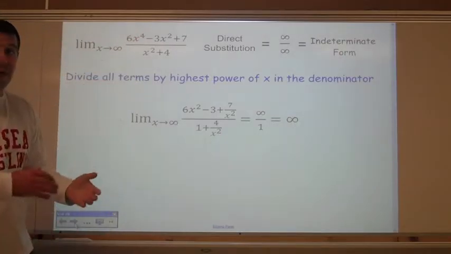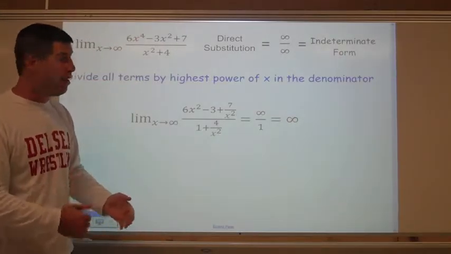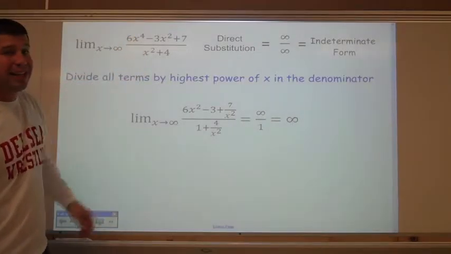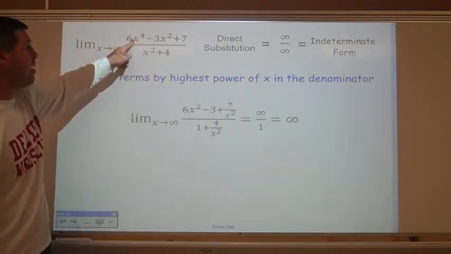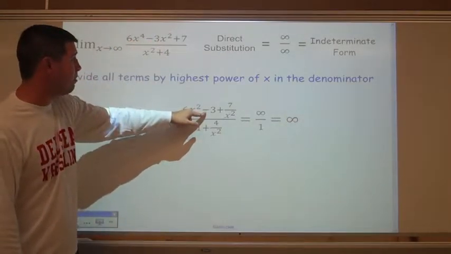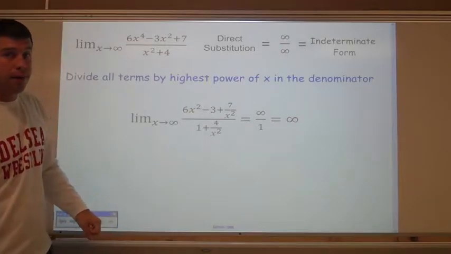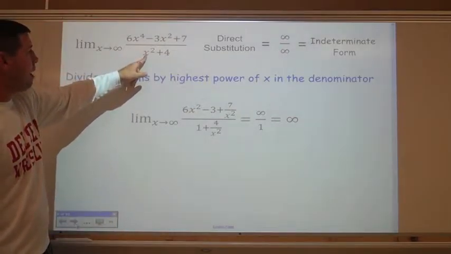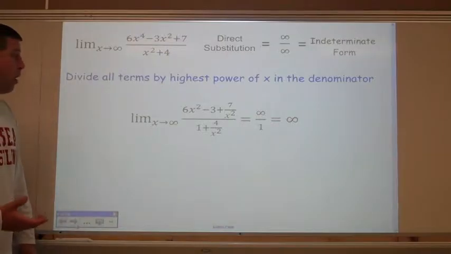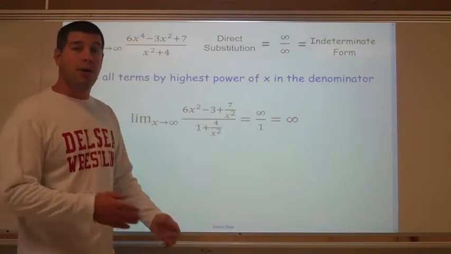Divide by, this time remember, the highest power in the denominator, so we have an x squared. Even though there's a 4th in the top, we're still looking at the denominator. Over x squared here makes us 6x squared. The x squared cancels here, so we're left with minus 3, 7 over x squared. x squared over x squared is 1 plus 4 over x squared. So now we've simplified this, put it in the equivalent form.